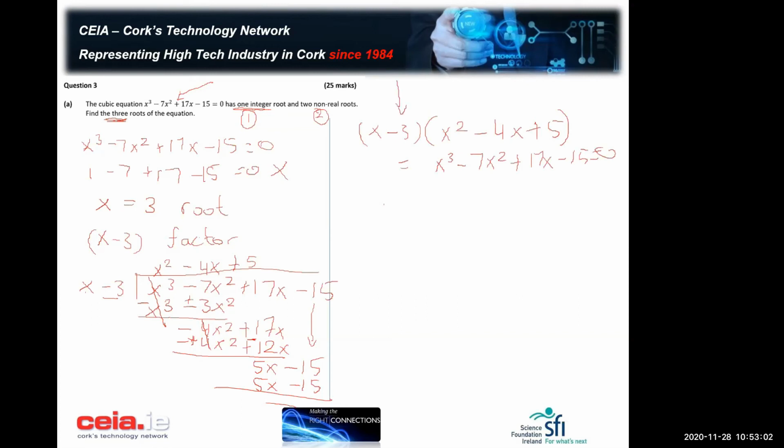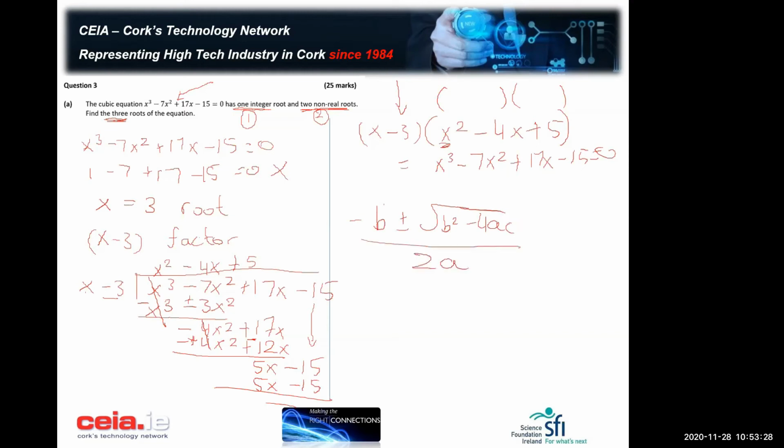We need now to divide this into 2 factors or roots. But look at the question before you waste a lot of time in an exam. They've said there are 2 non-real roots, which means that they're complex, which means that the only way to solve this question is using minus b plus or minus the square root of b squared minus 4ac all over 2a.